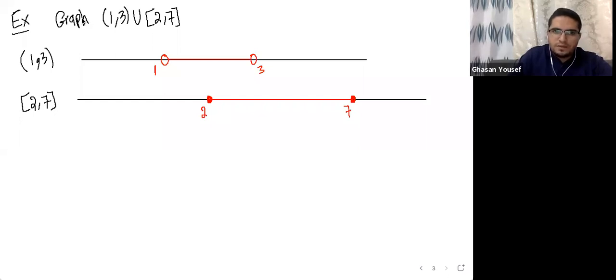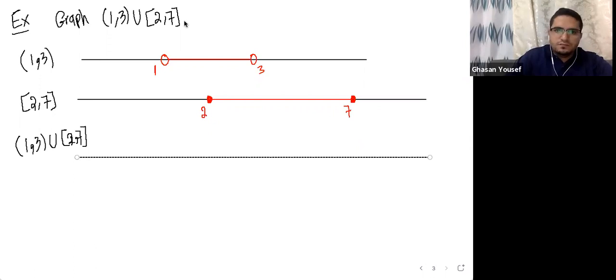And again, no repeated elements. So (1,3) union [2,7], we have to graph a line. You start at 1. You go down and graph the 1, because we need all the elements.